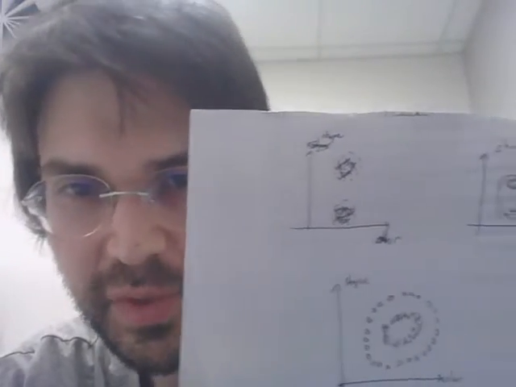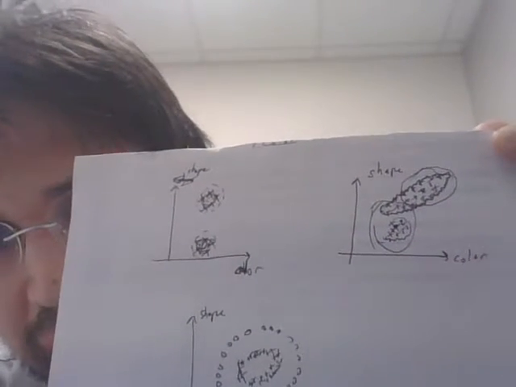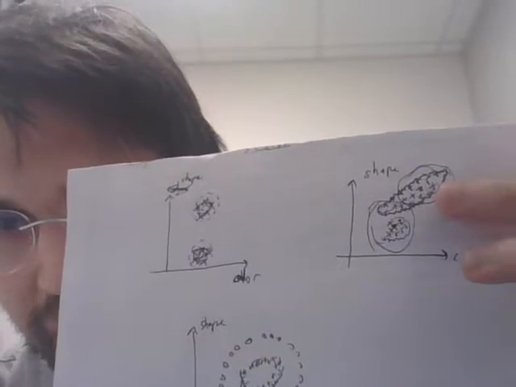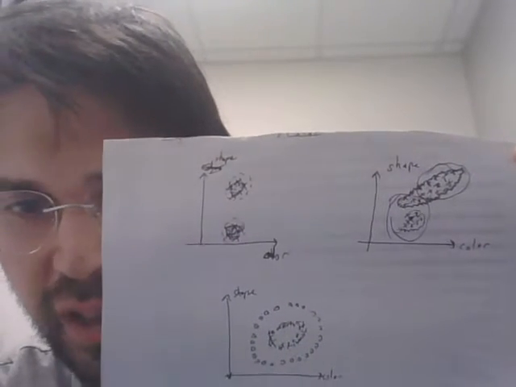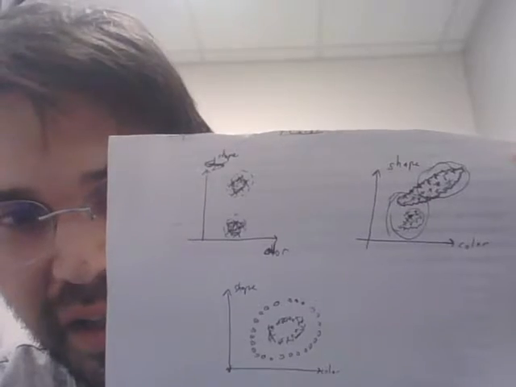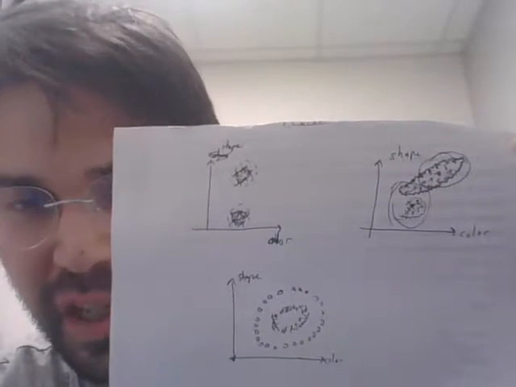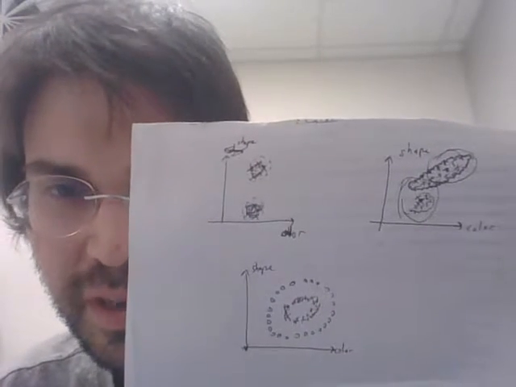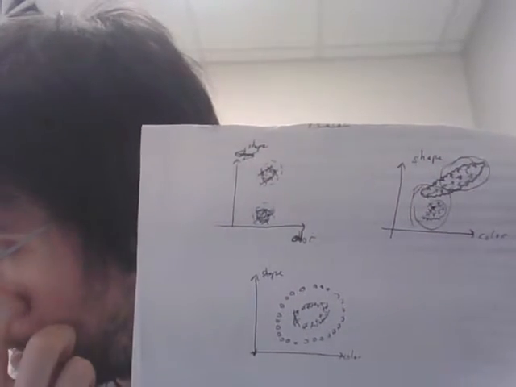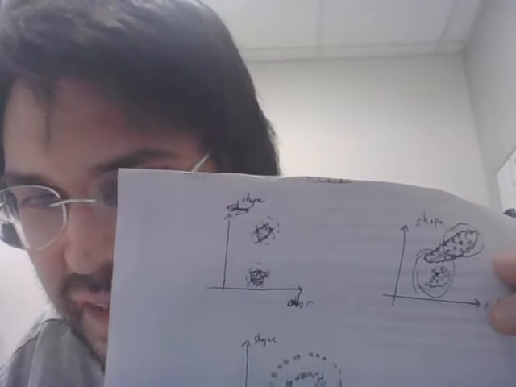But if we have a case like this, where we have 2 groups where the upper group tends to have more variation along the color side, and it has a particular structure to its variation, then an algorithm such as k-means, which assumes that these clusters are of the same size and compact shapes, is not going to work well.